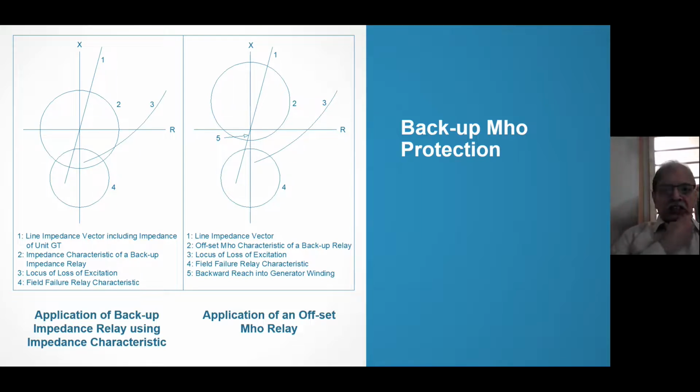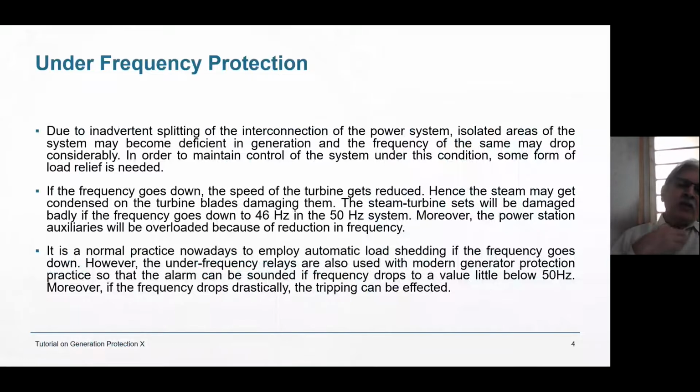The next protection is under frequency protection, due to inadvertent splitting of the interconnection of the power system. That means, you see, now we are connected with Maharashtra, Rajasthan.